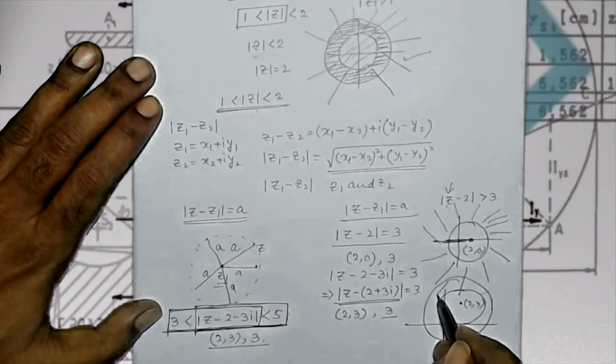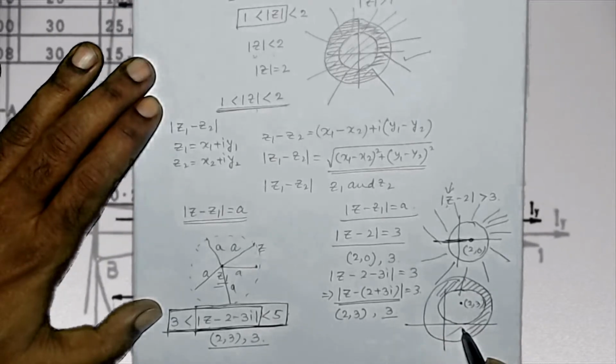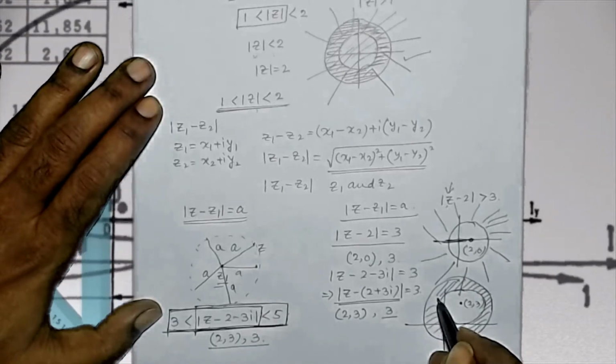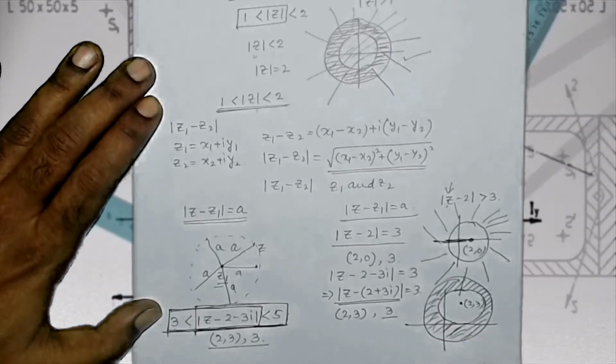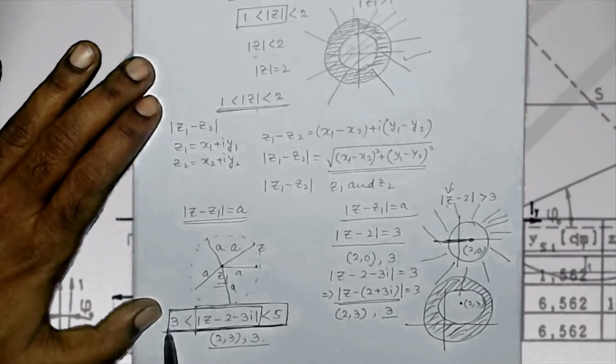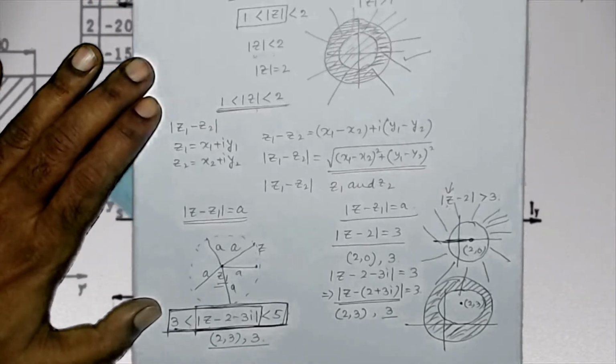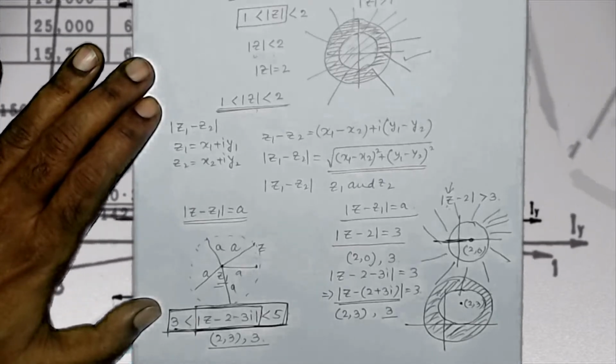So we are talking basically about this common region. Yes or no, tell me. I'm shading it. Okay? So this is the region where your z lies, which satisfies this inequation. Is it clear to all of us? Okay, let us take some other examples.